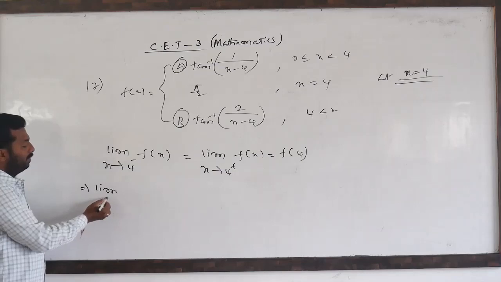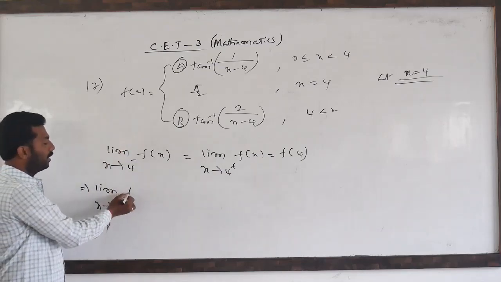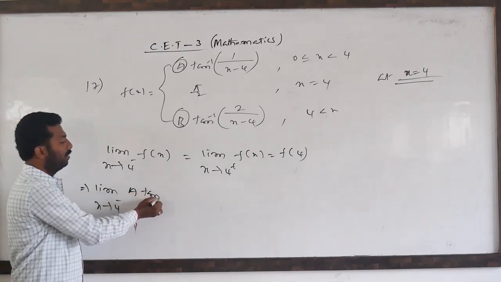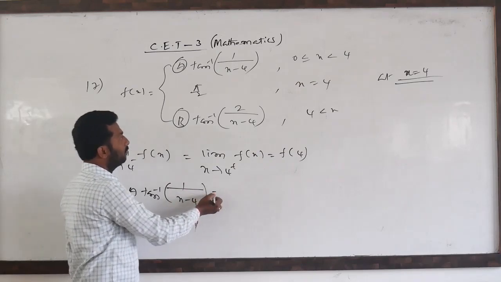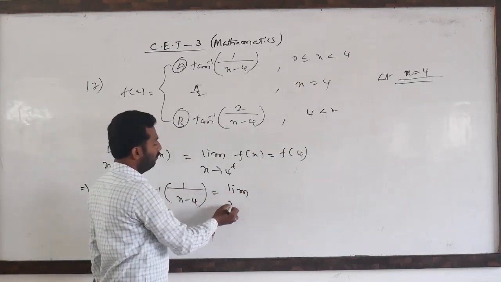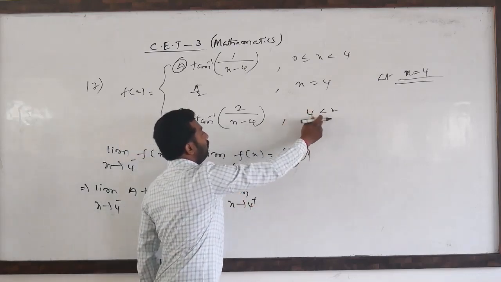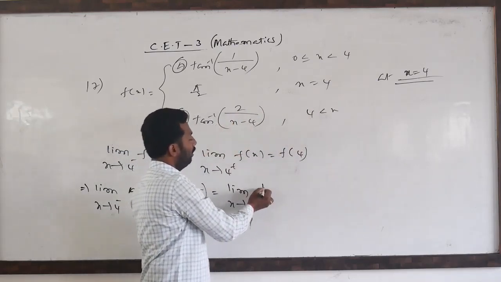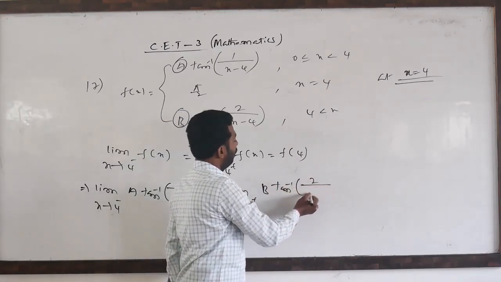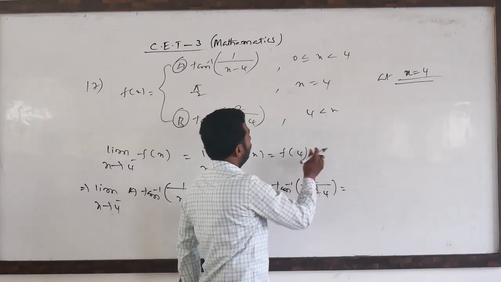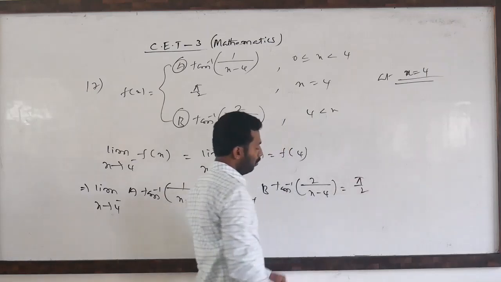So limit x tends to 4 minus f of x, the less than 4 case, a into tan inverse of 1 divided by x minus 4, equals limit x tends to 4 plus, greater than 4, b into tan inverse of 2 divided by x minus 4, and f of 4 value will be 5 by 2.